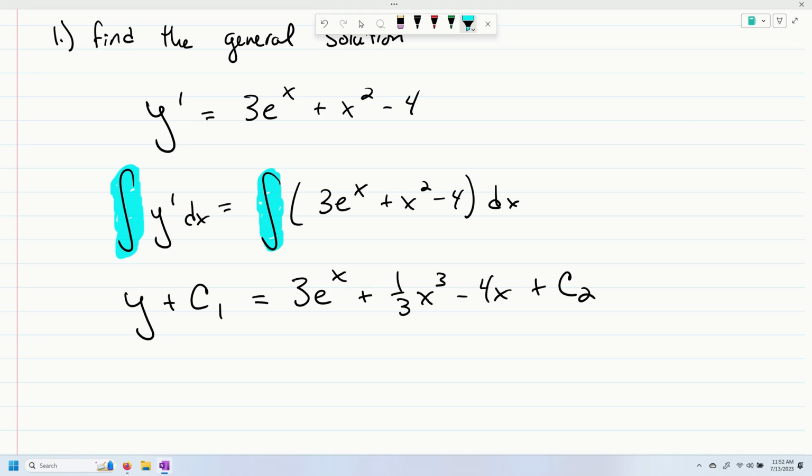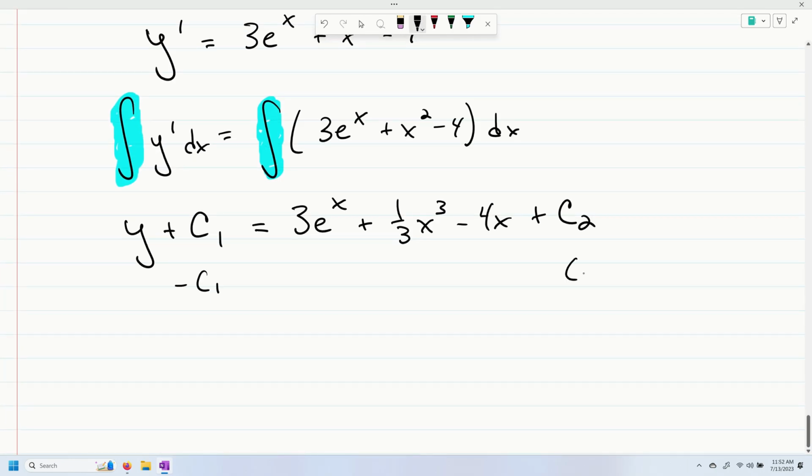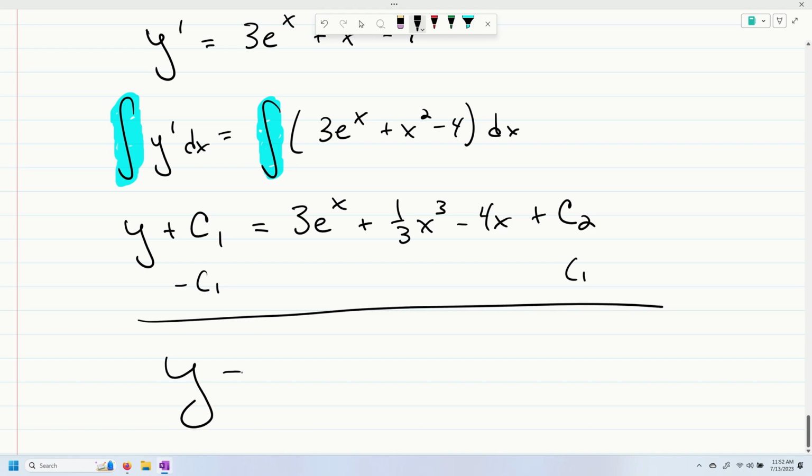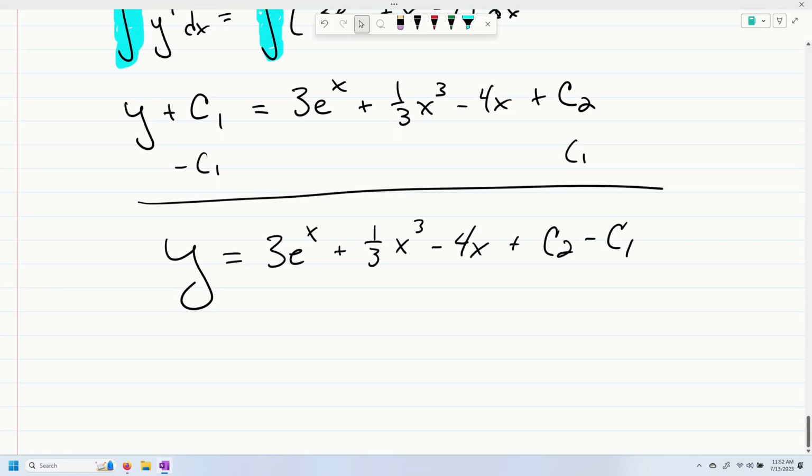That's easy. Now, we're going to solve this for y by subtracting c1 from both sides. Now, for us, we're going to say where c equals c2 minus c1.